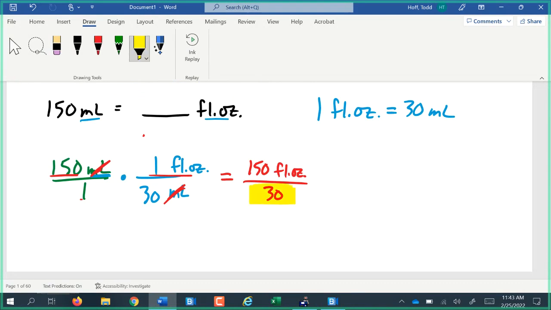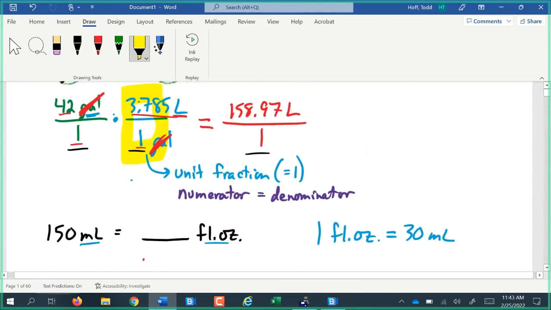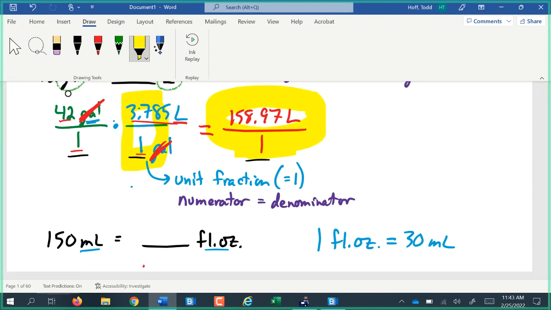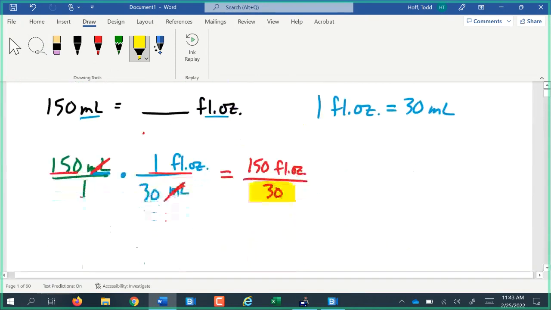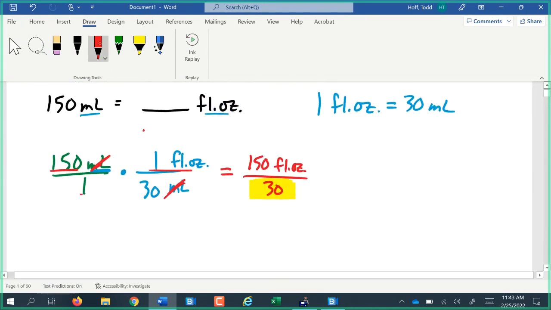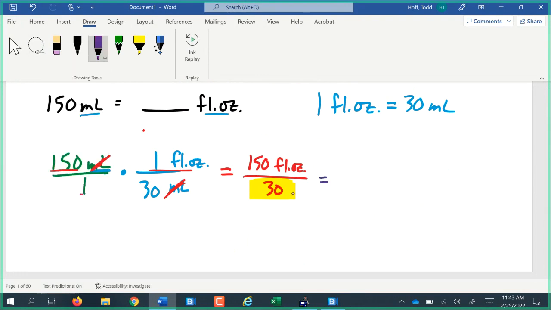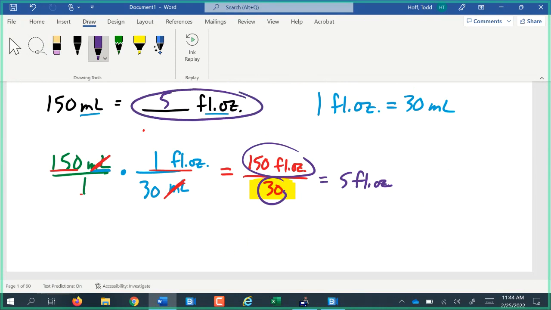So this here is different from our previous example. Up here, the denominator was 1, so we were done at that point. It was just 158.97 liters. Here, since our denominator is not equal to 1, we do have to go one step further and divide that out. 150 fluid ounces divided by 30 is 5 fluid ounces. So giving us that result of 5 fluid ounces up there.